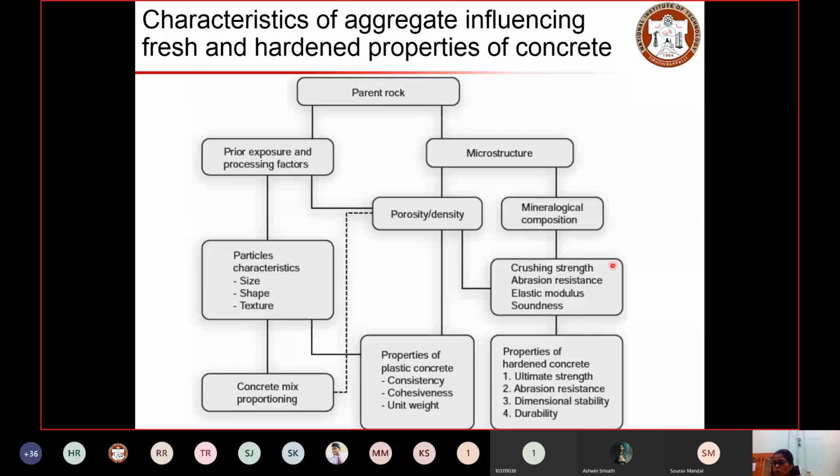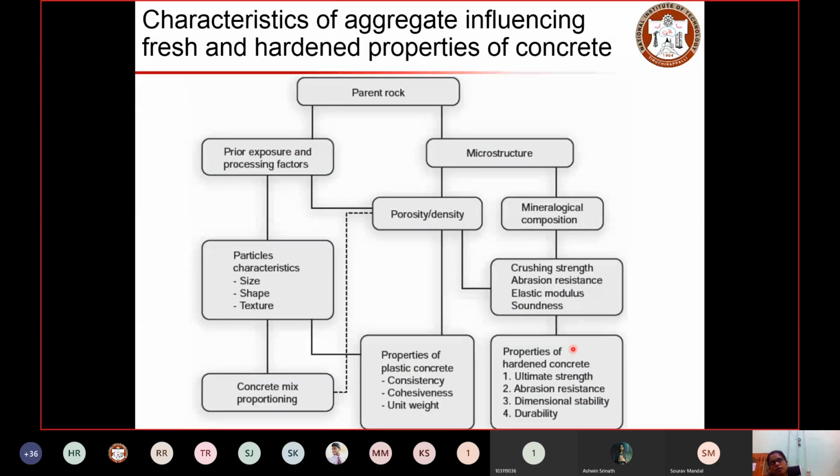The properties of aggregates, the compressive crushing strength, abrasion resistance, and soundness, influence the hardened property of concrete. The ultimate strength, how much strength the concrete can take, depends on the crushing strength of the aggregate, the abrasion resistance and dimensional stability.